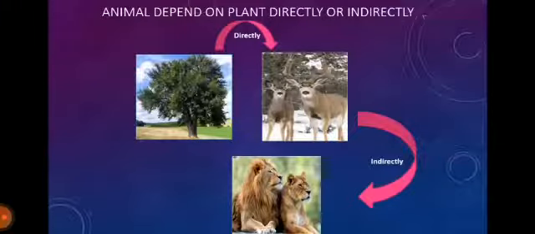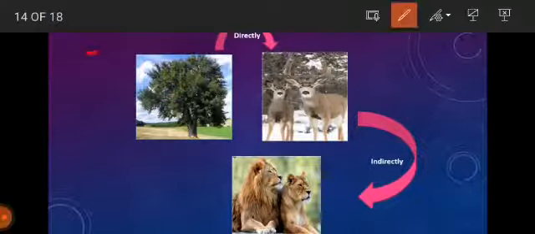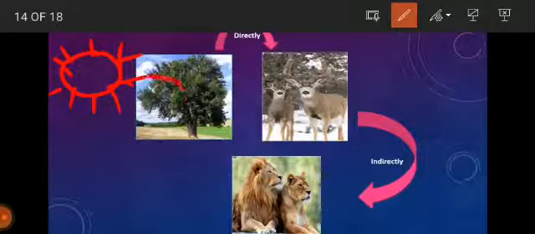Look here in this food chain. Here is a plant. This plant gains its energy from the sun to do the photosynthesis. So the sun energy goes in the plant, and after that, when these herbivores eat the plant, this sun energy goes in their body.